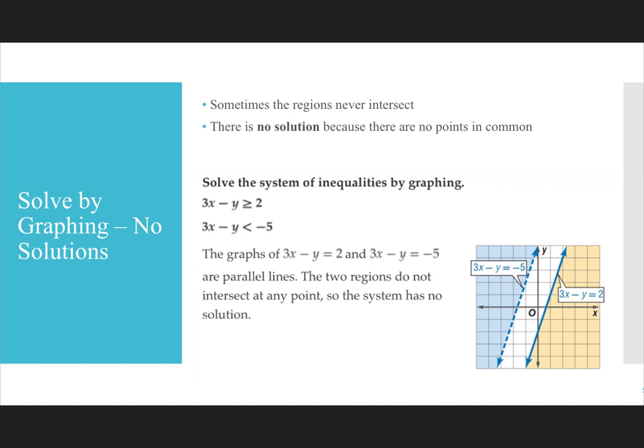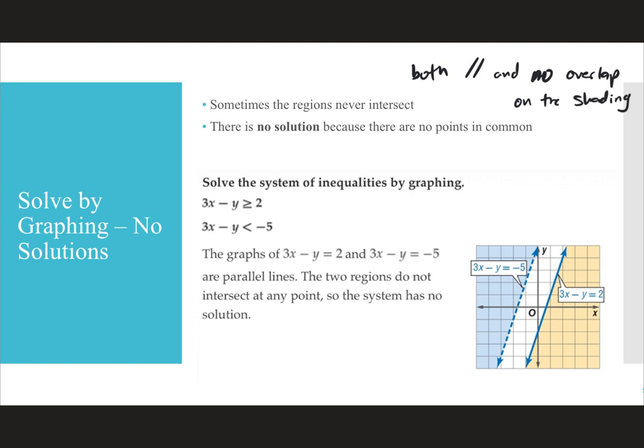So in order to get no solution on a system of inequalities, you have to have both parallel lines and no overlap on the shading.